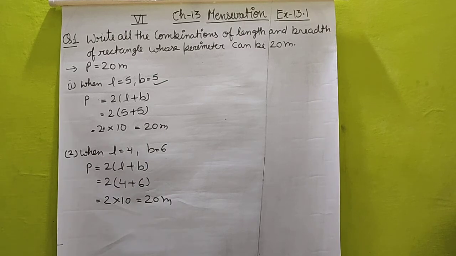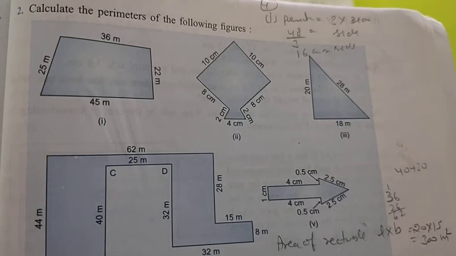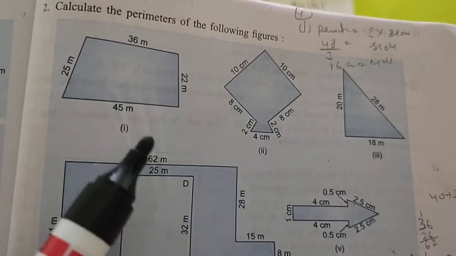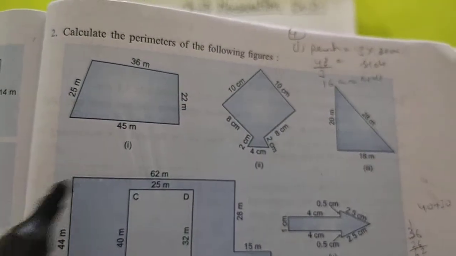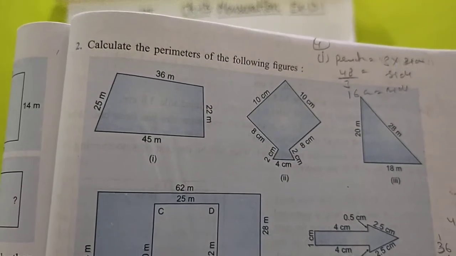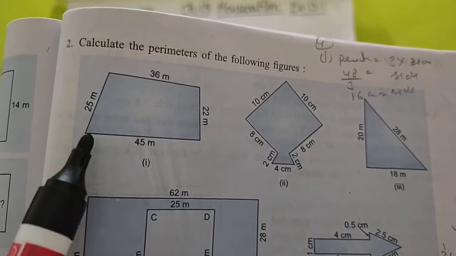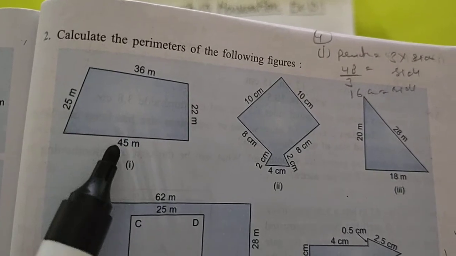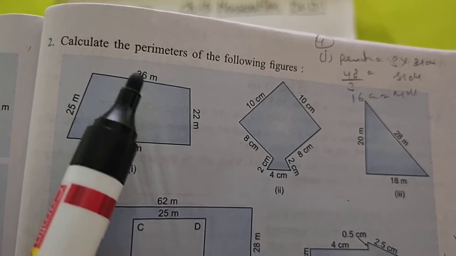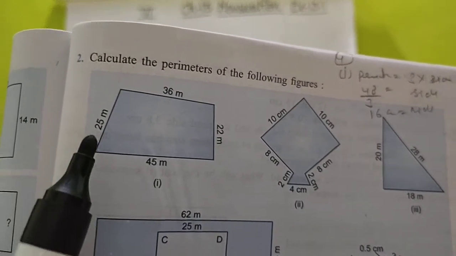Now students, question number second. What is given in this question? Calculate the perimeter of the following figures. Here you are to calculate the perimeter. In the first figure, you can see 4 sides are given: 45 meter, 22 meter, 36 meter, and 25 meter.